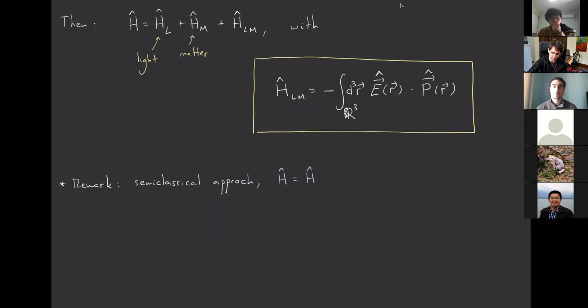So we have the Hamiltonian of matter, that it's quantized, but we assume that the field is classical, and therefore we don't have a Hamiltonian for it, but the Hamiltonian is still the same kind of light-matter interaction that I just described, but now the interaction is between a classical electric field and the quantized matter dipole moment per unit volume. So this is the classical field, but matter is quantized.